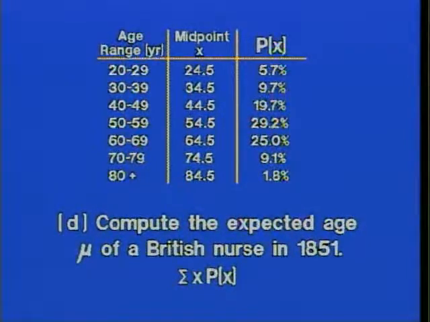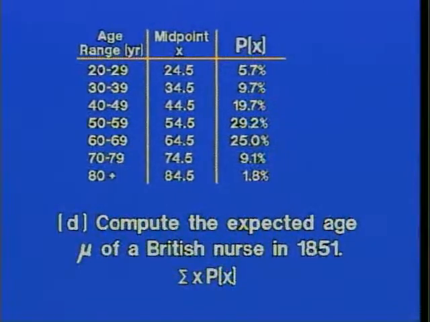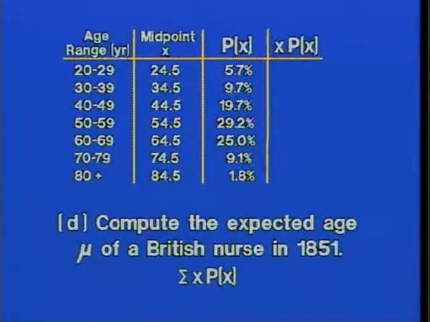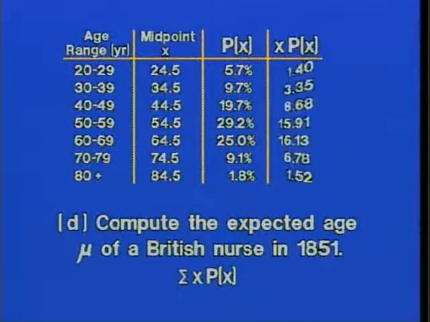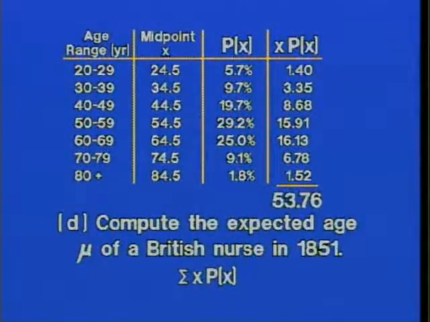And if we multiply the values in the middle column times the value in the third column, we'll have a column of xP(x)'s. And here are those values. Then we add those, and we have the sum of xP(x)'s. So the expected age, or the average age, the mean age of a British nurse in 1851, is almost 54 years old.